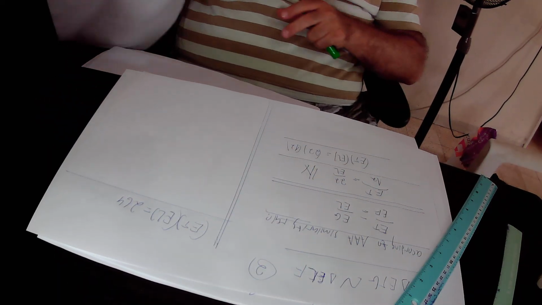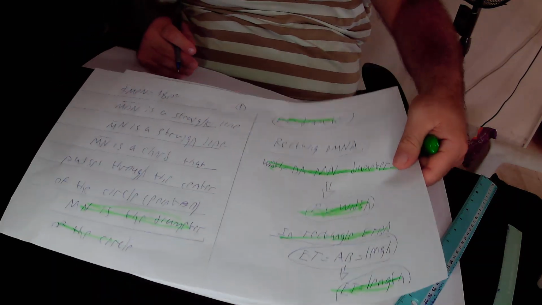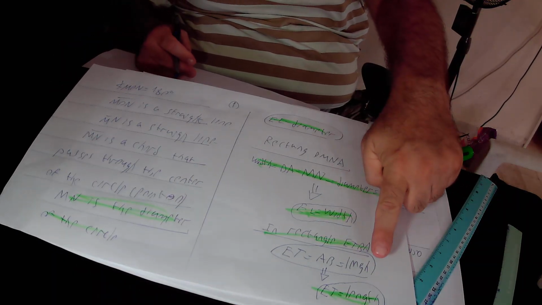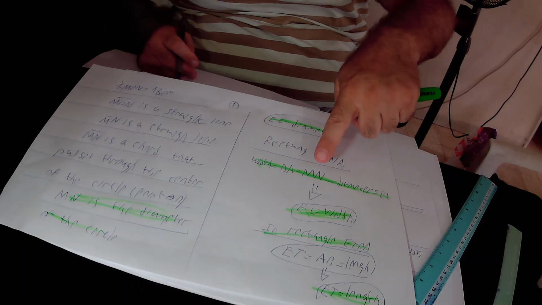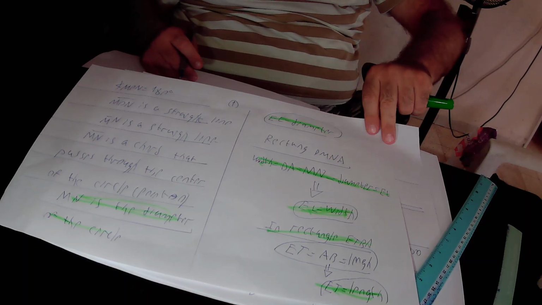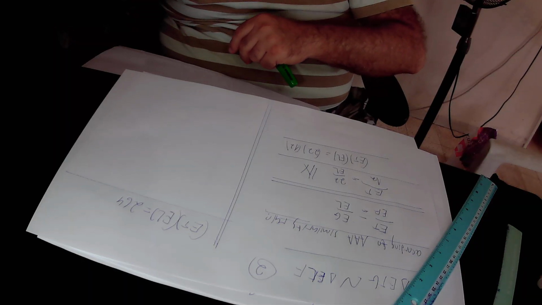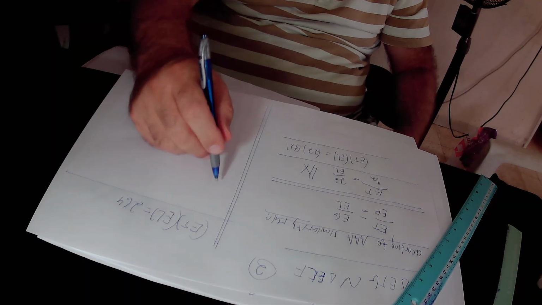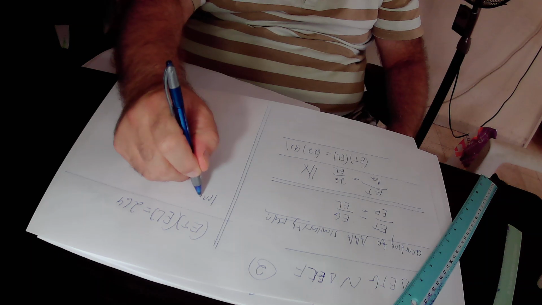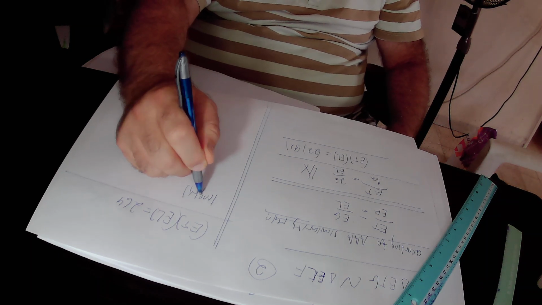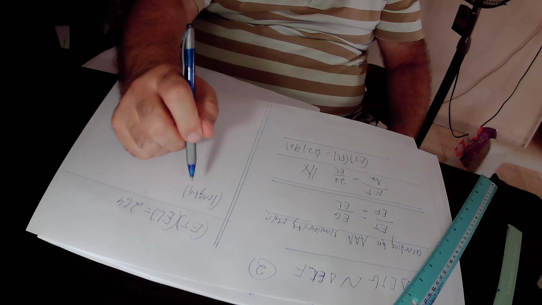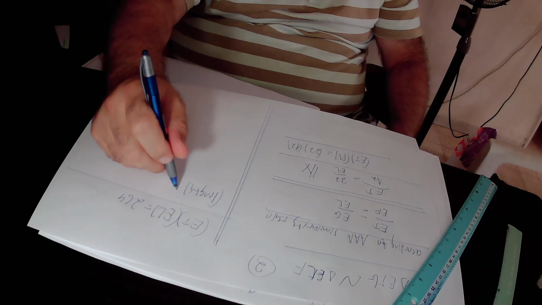But we have already found out that ET is the length of rectangle ABCD and EL is the width. So we substitute ET by the length of rectangle ABCD and we substitute EL by the width of rectangle ABCD.